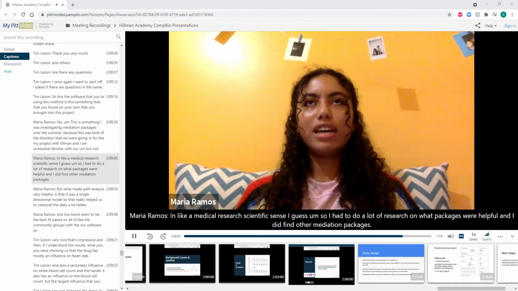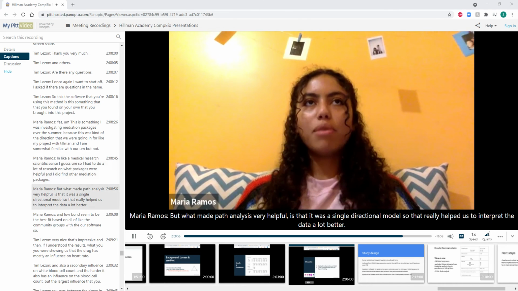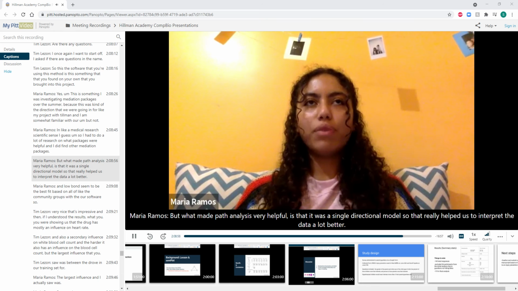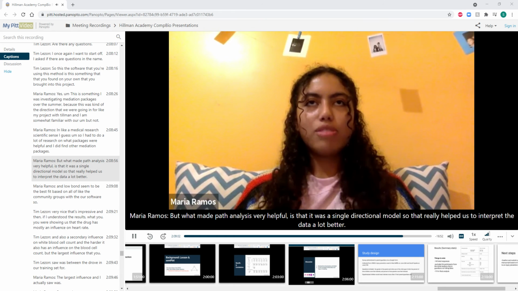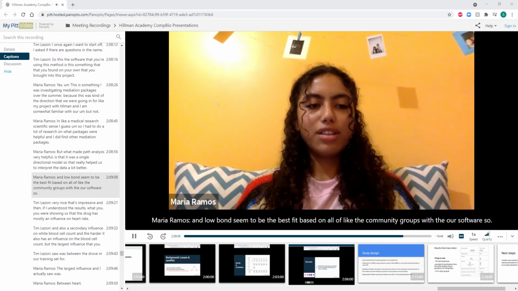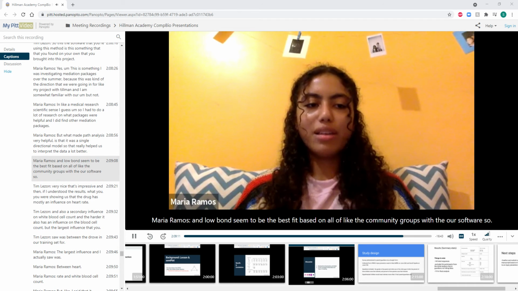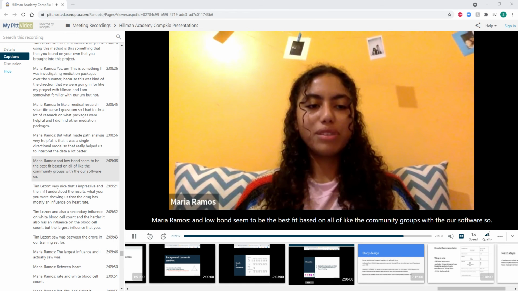I did find other mediation packages, but what made path analysis very helpful is that it was a single directional model. That really helped us to interpret the data a lot better. And lavaan seemed to be the best fit based on the community groups with the R software.